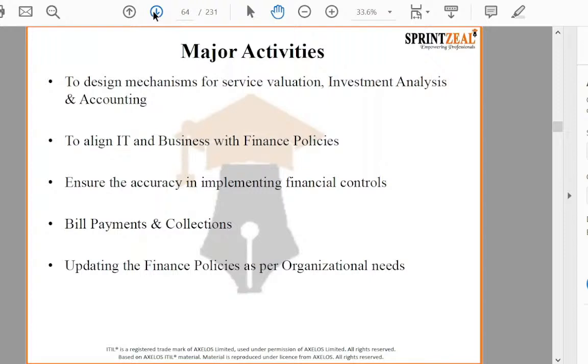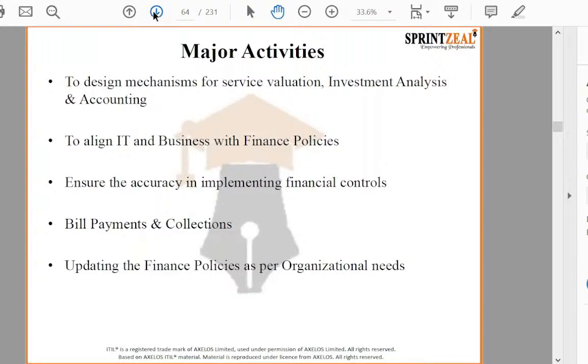So they should have their own finance policies, which have nothing to do with IT and the business, except they all need to be in alignment. So for instance, your service desk manager doesn't go to your financial management department and say, hey, I want to implement XYZ policy. It doesn't happen that way. Financial management controls all its own policies and implements them. And they make sure that those policies are in alignment with IT and the business as a whole.